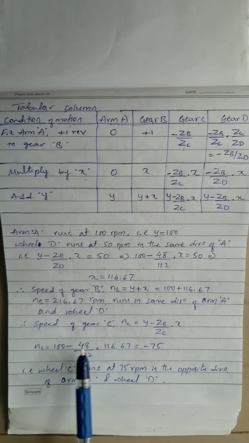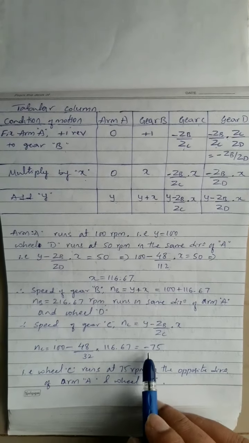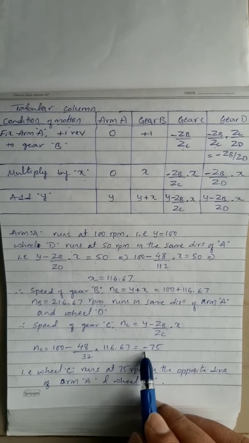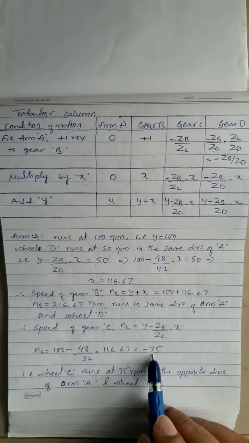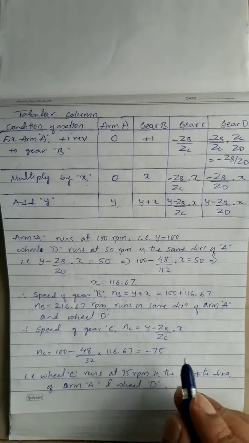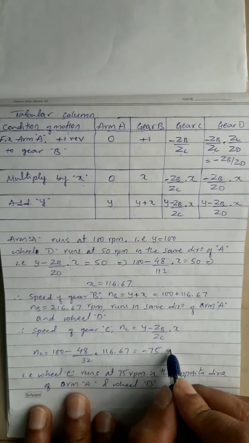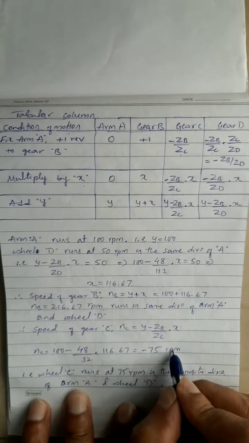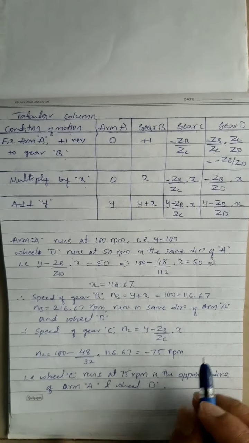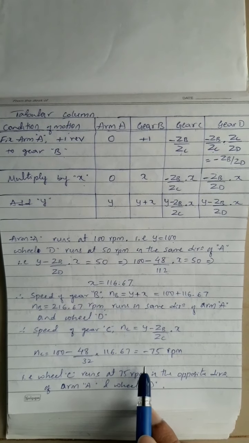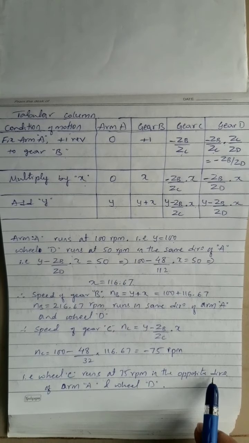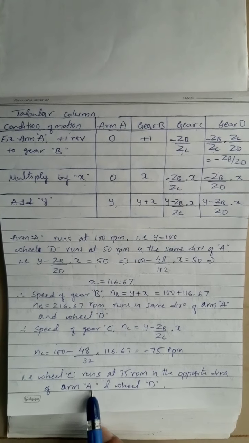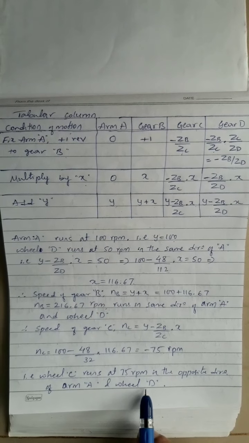So substituting the parameters, we get the speed of gear C as minus 75 rpm. The negative sign indicates that gear C will rotate in the opposite direction of arm A and wheel D.